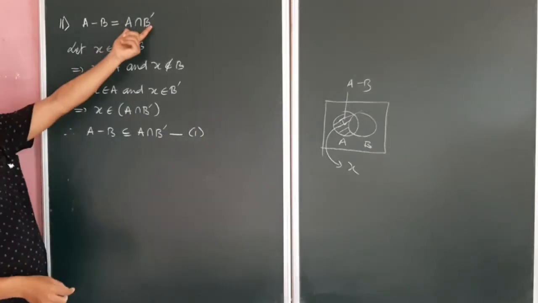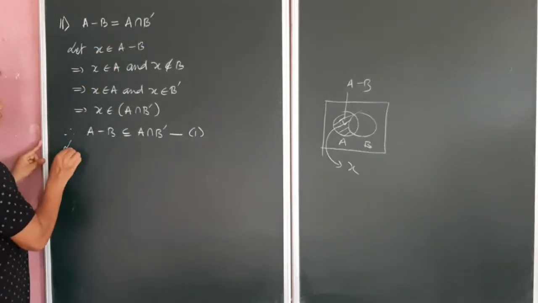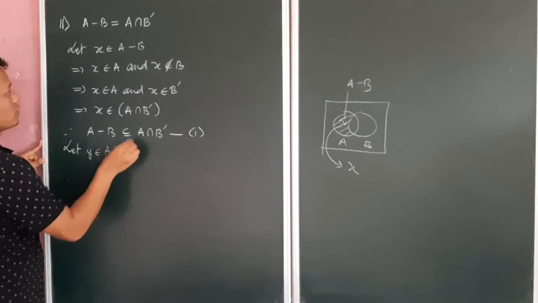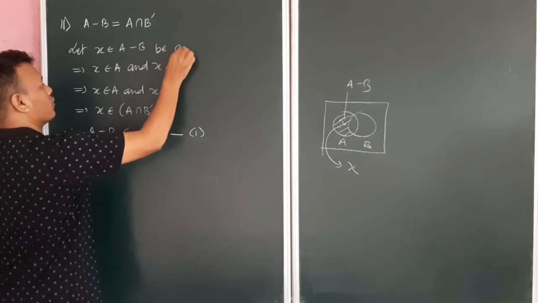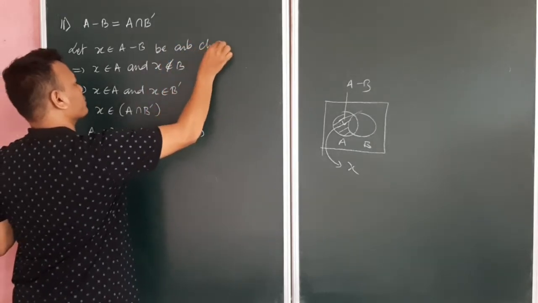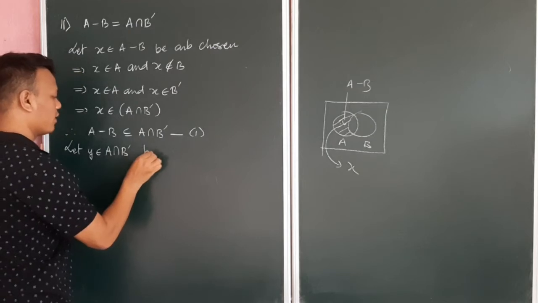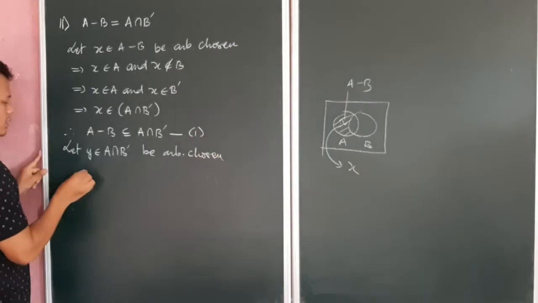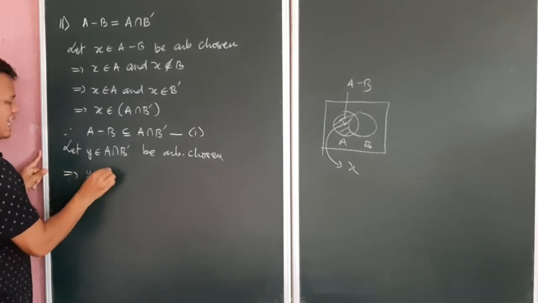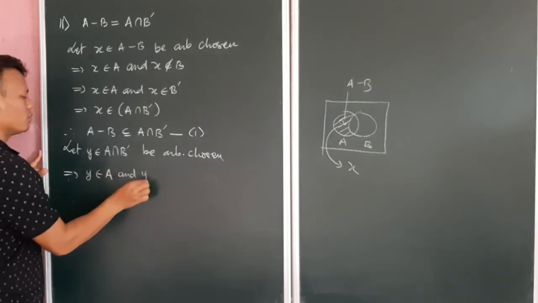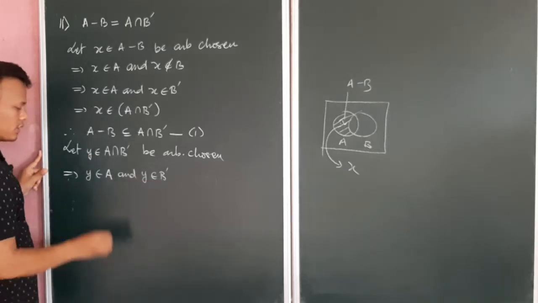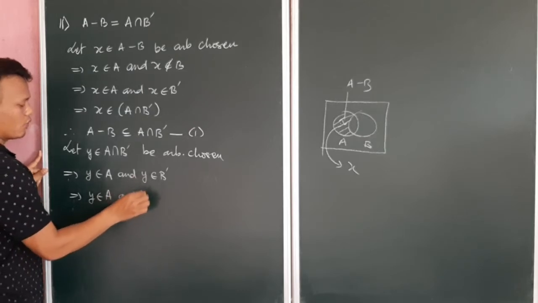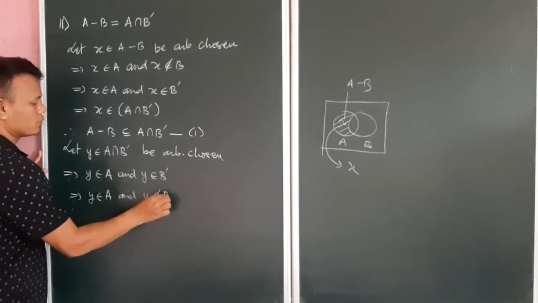Now let us take one random element from here. So let Y belongs to A intersection B dash, arbitrarily chosen. We have to write that as well. Okay, so this means that y belongs to A and y belongs to B dash, isn't it? Now this means that y belongs to A and y does not belong to B, isn't it?